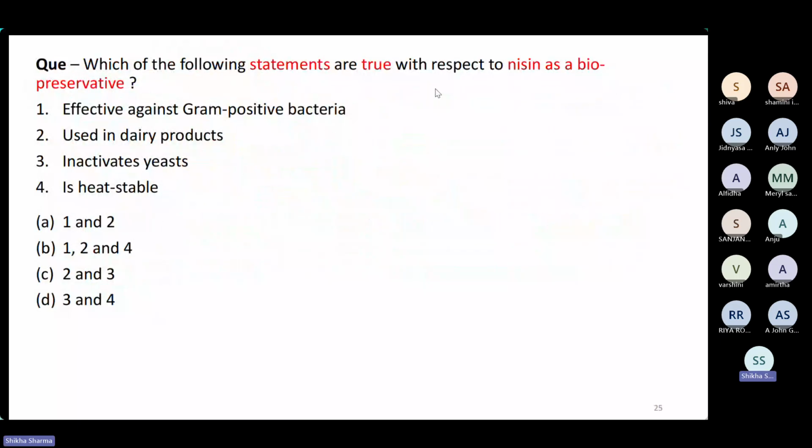Okay, let's discuss the true statements for nisin as a biopreservative. So it is effective against gram-positive bacteria, it is used in dairy products, it inactivates yeast, and fourth, it is heat stable. So would anyone like to tell the correct answer?